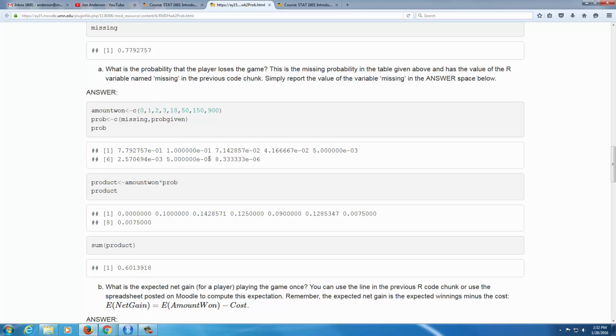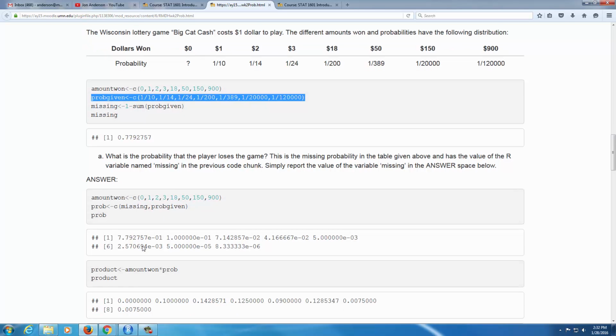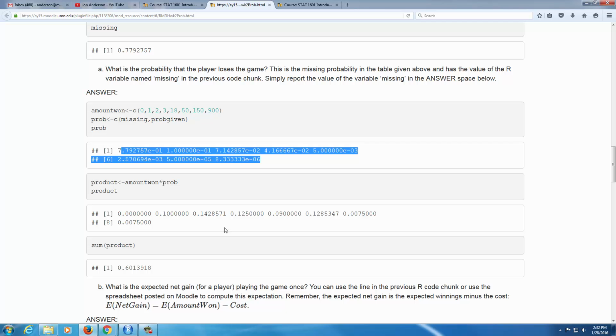And we have found the probabilities because we were given some of them into this list, and then we tack on the part that was missing onto the front of it, and so we get a probability list that's right here for all the different outcomes. Remember, to find expected amount, you need to take the product of the amounts times their chances. Here's that product vector.